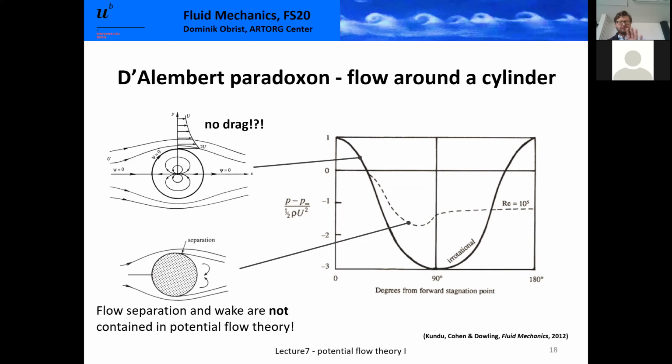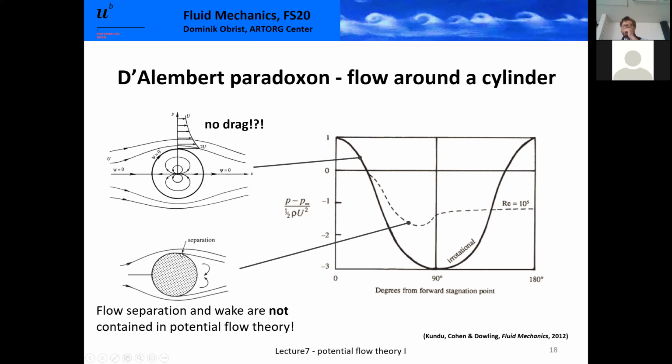And why is that? We'll spend more time on that in two weeks. It has to do with flow separation. And you remember flow separation? That's something we talked about in the context of boundary layers, where we have all of a sudden a zero velocity gradient on the surface. It's these Falkner-Skan boundary layers, and we start getting backflow on the surface of the wall. That's the separation point.